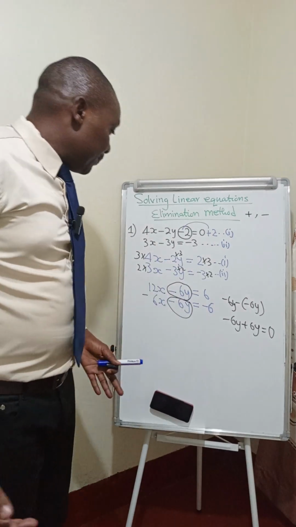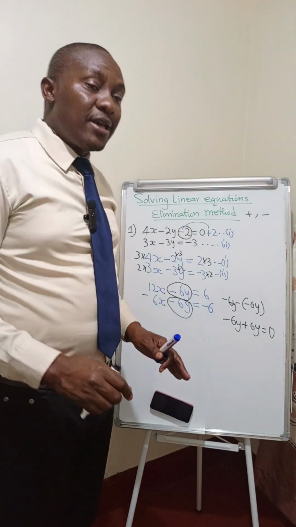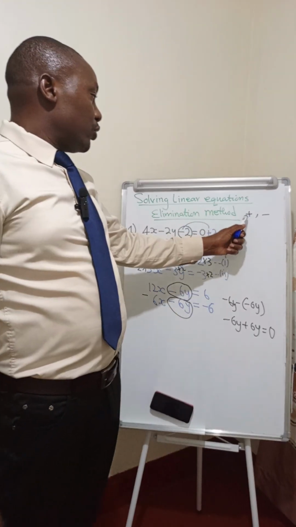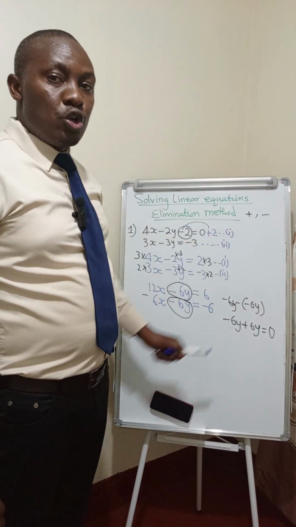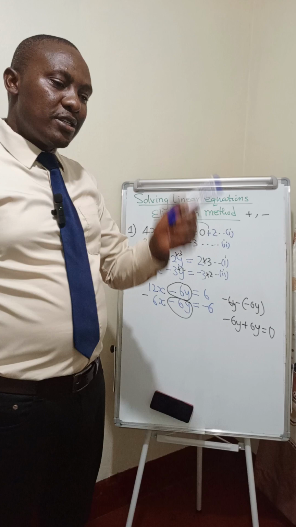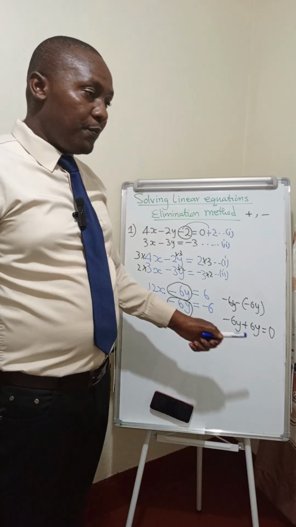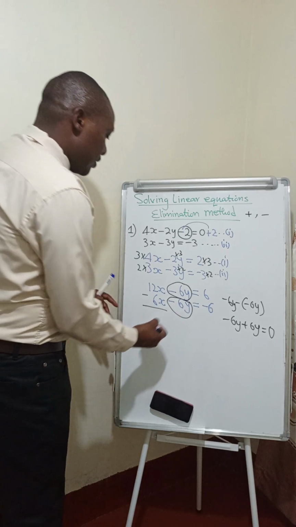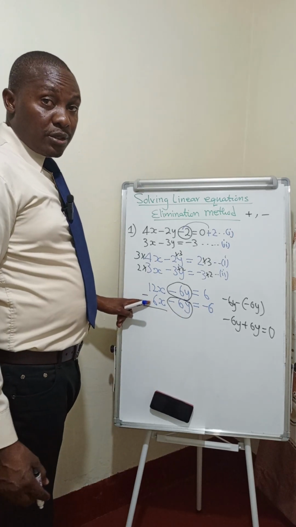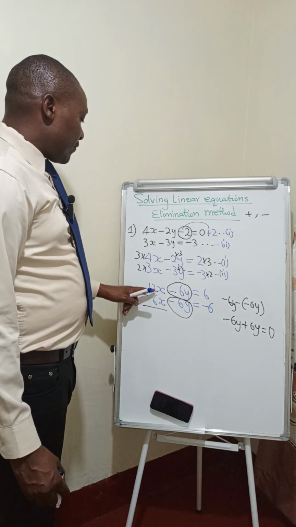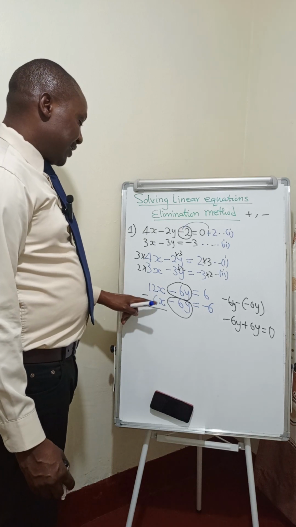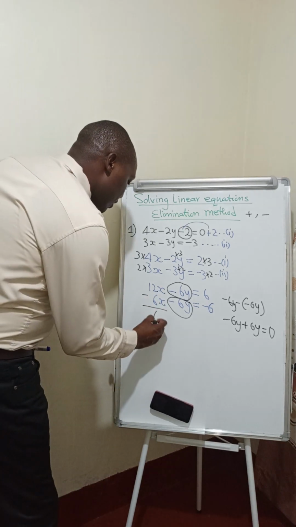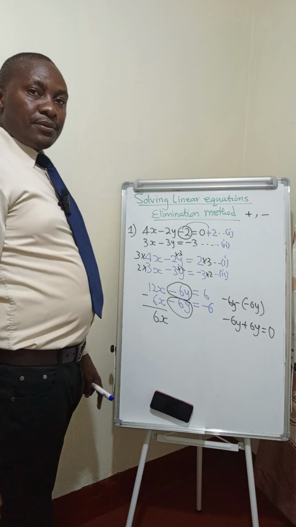So look at this one. Remember I said that the operation you have used between these two to eliminate one unknown, that is the operation you use across the board. So for the other unknown, the x, you also do subtraction, get the difference here. 12x minus 6x, you will get 6x.